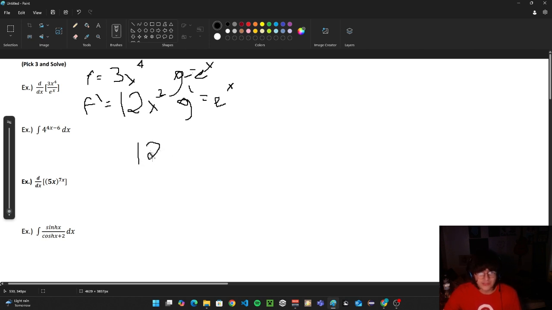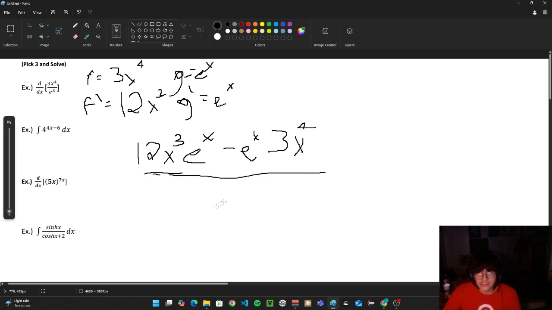So it'd be f prime times g minus g prime times f, all over g squared, so e to the power of x squared. As you can see, the denominator has two e to the power of x's, and the numerator has two as well, but they only have one for each term.